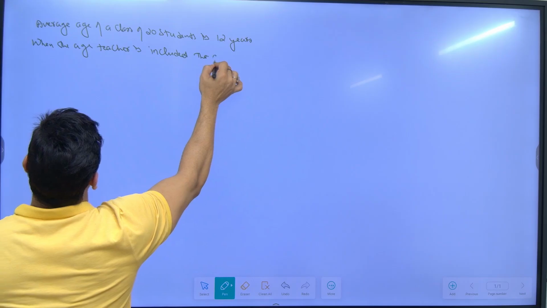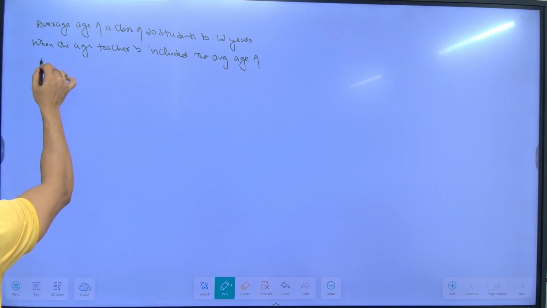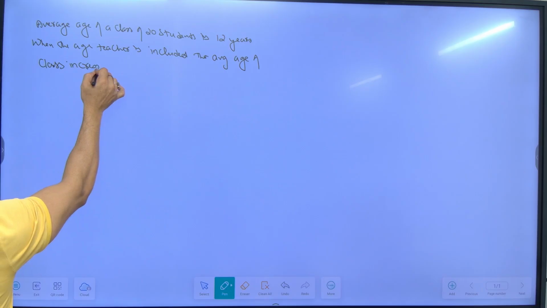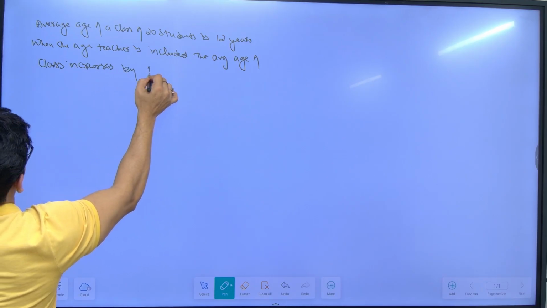The average age of the class increases by 1 year.